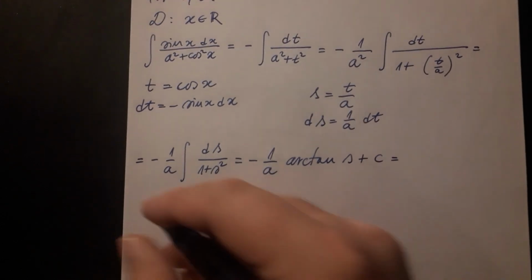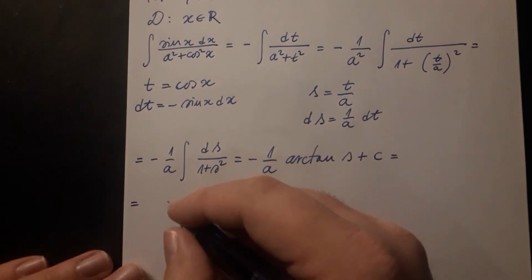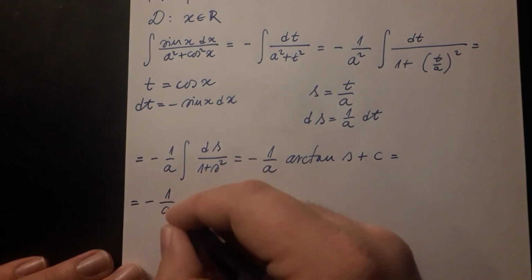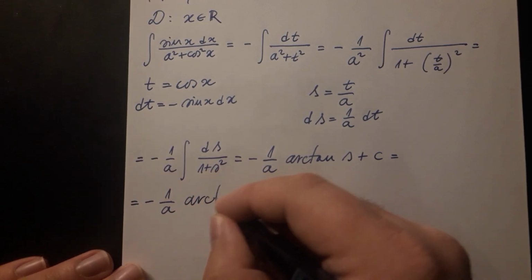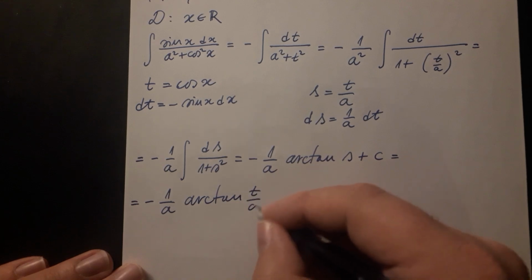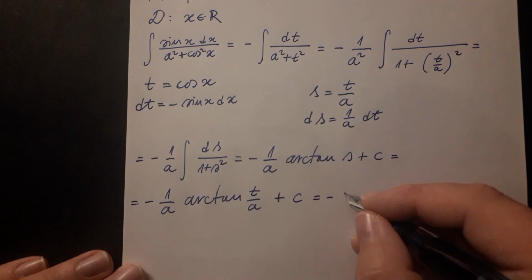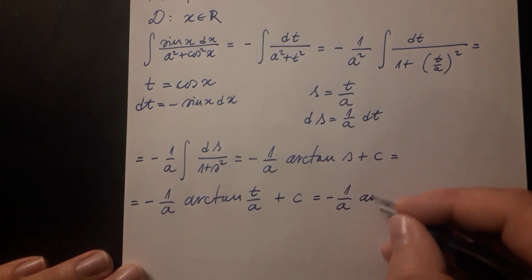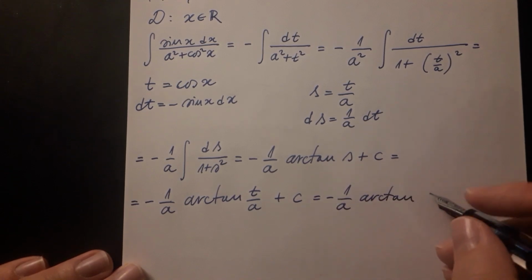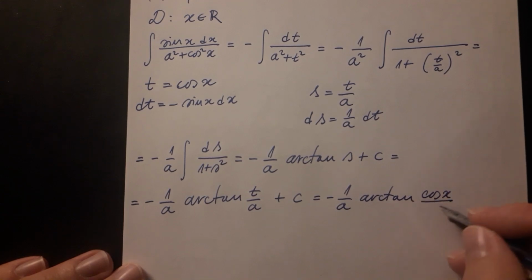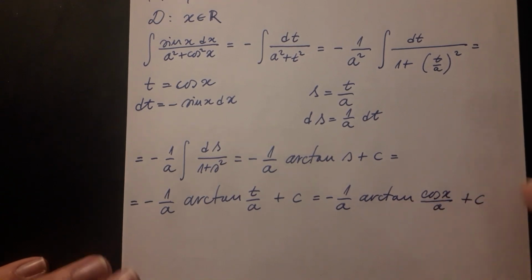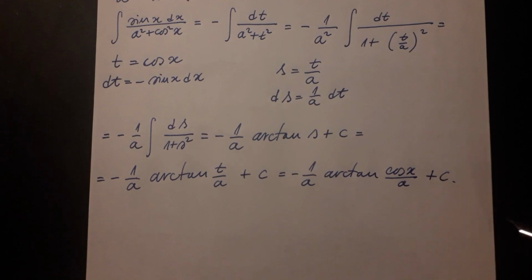When we return from the s world into the t world, we get minus 1 divided by a arccotangent of t divided by a plus c, which is then equal to negative 1 divided by a arccotangent of cosine x divided by a plus c when we return into the x world.